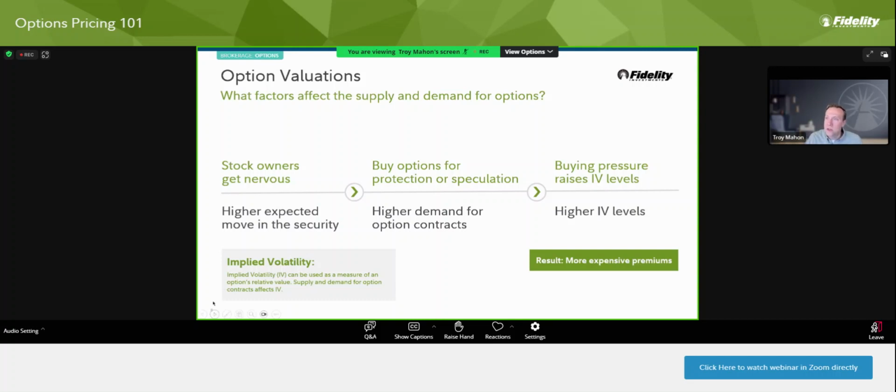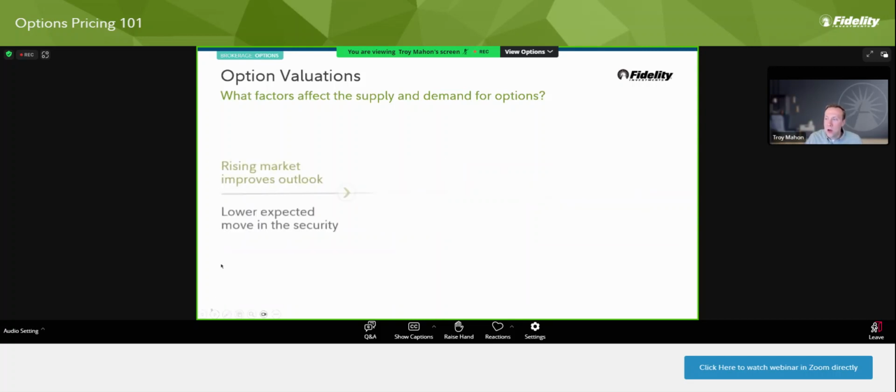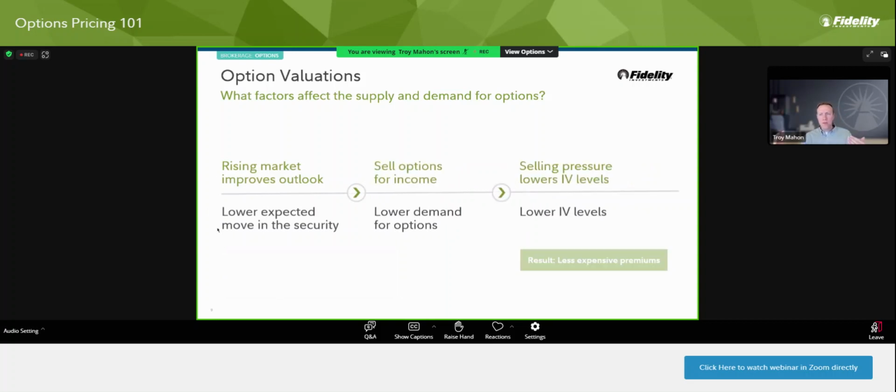Conversely, or inversely, I should say, if we think maybe the stock's not going to move as much between now and time to expiration, well, what would we do to options? We would be a net seller of options. We think the options premium is too high. We think it should be lower. So if we own an option contract, we would sell it.